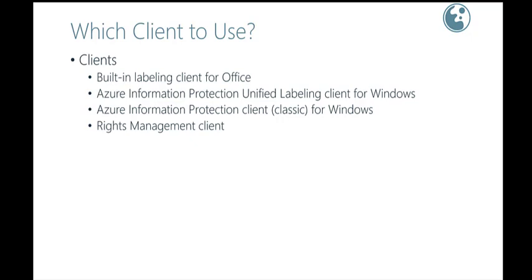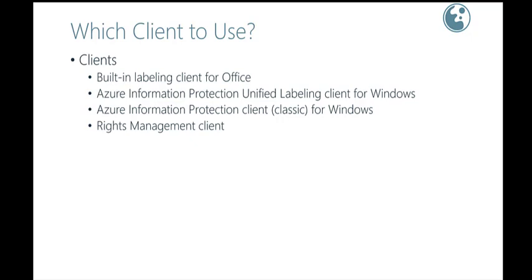They also bring a set of PowerShell cmdlets for protecting files automatically or in batch, or configuring, for example, AIP scanner. But if you are not in the need for using that kind of functionality and usually work with documents inside your Office applications, then you really don't need to install any client. You can probably make do with the built-in labeling client for Office.